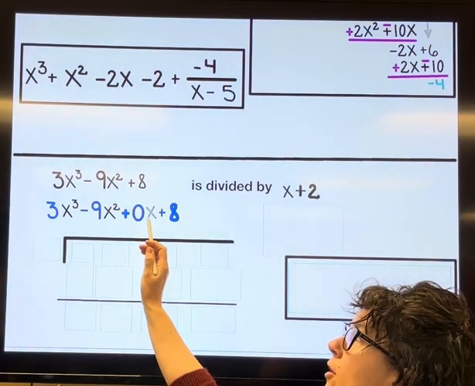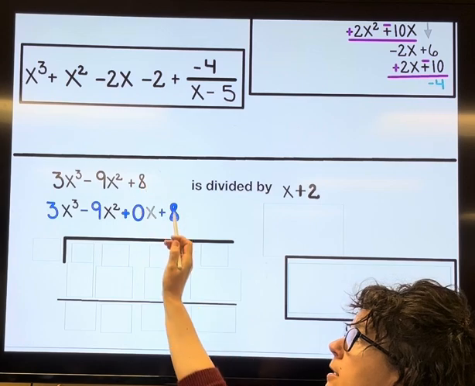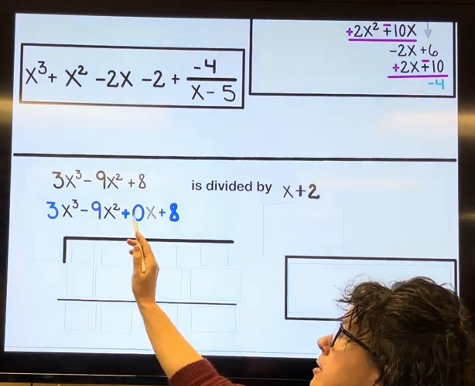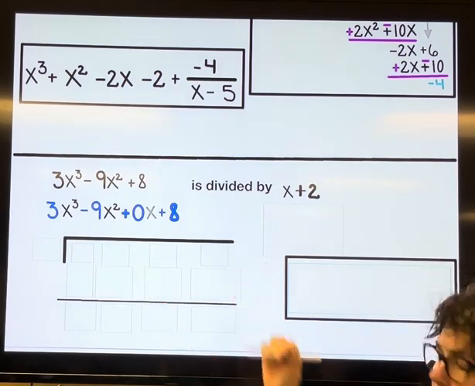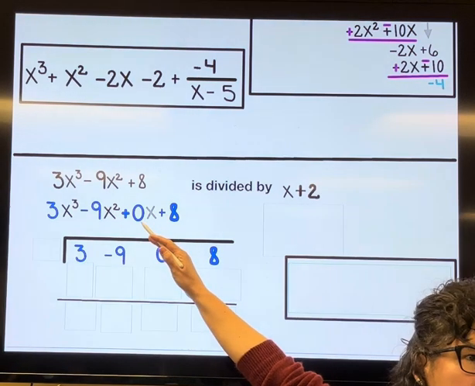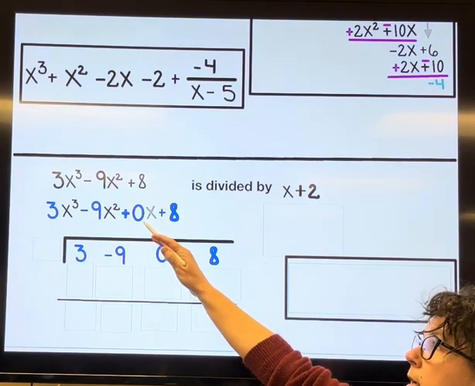So I have 0x to the first plus 8. So these numbers are the numbers that go here. So I've got 3, -9, 0, and 8. That placeholder is a must.